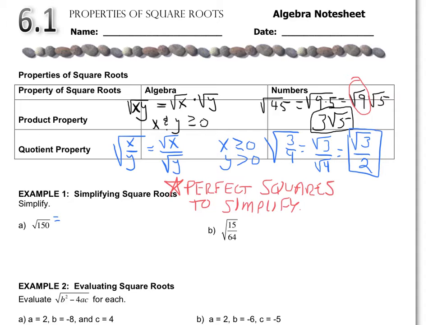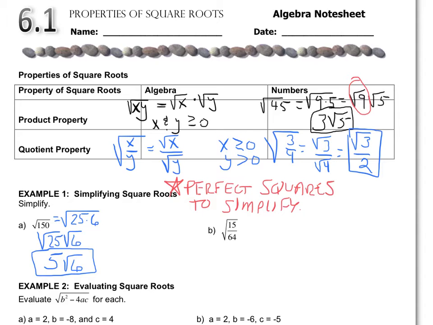I want to search for some other numbers. 25 times 6 is also 150. That's going to be better because 25 is a perfect square. Taking the square root of 25 gives me 5 square roots of 6. I can't go any further, so 5 square roots of 6 is my answer.